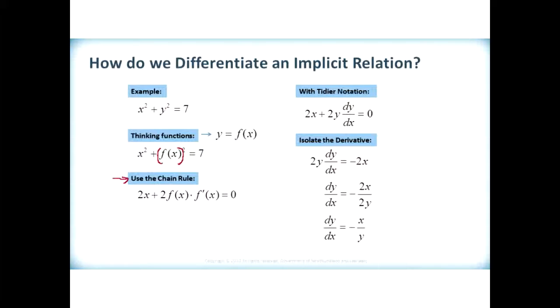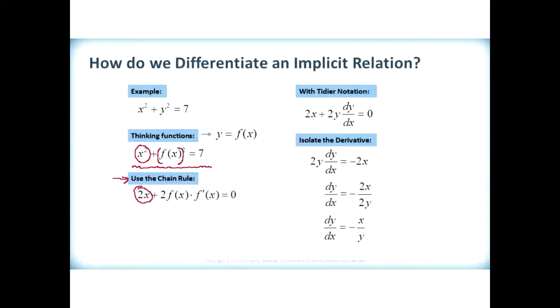Okay. So let's start by finding a derivative of this. We're actually going to use this function notation for the first step only, just to get ourselves used to the idea of why we're doing this. If I differentiate my first term, which is x squared, not much to that, I get 2x. Everybody should be okay with that by now.